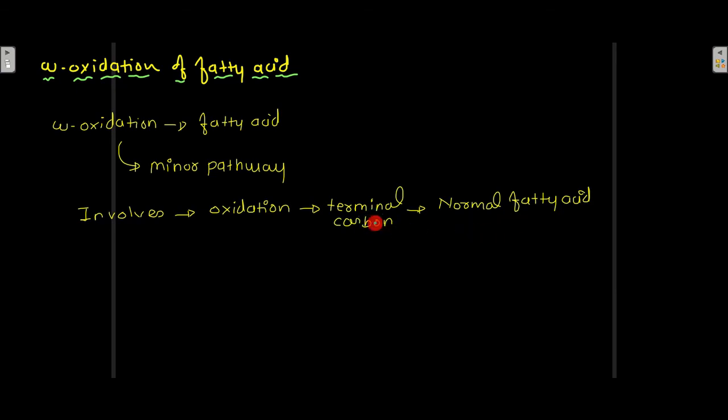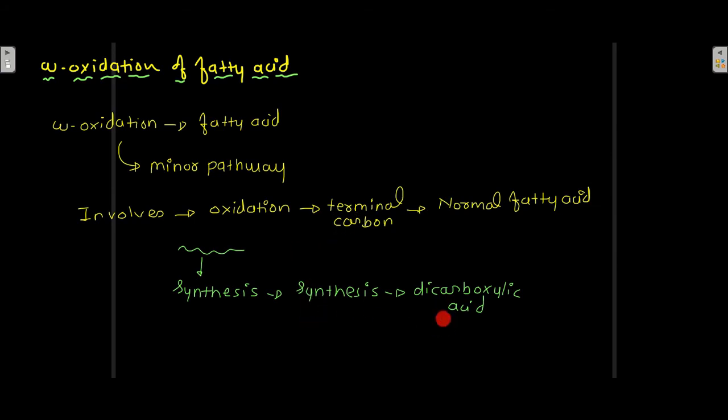That terminal carbon is oxidized during omega oxidation. This oxidation of the terminal carbon leads to the synthesis of dicarboxylic acid. So during omega oxidation there is synthesis of dicarboxylic acid.